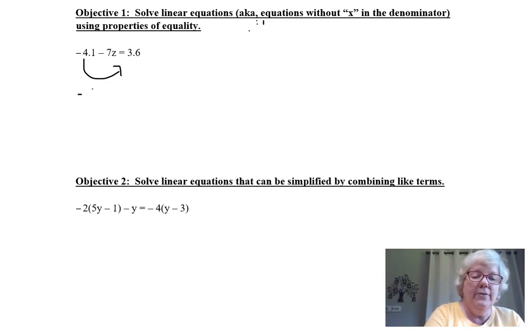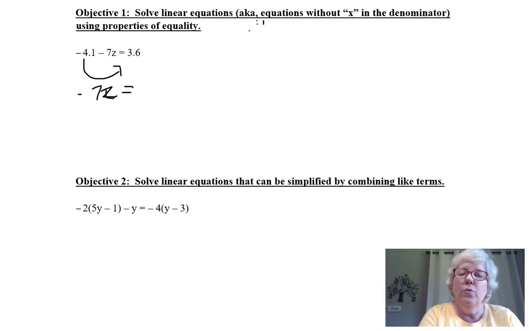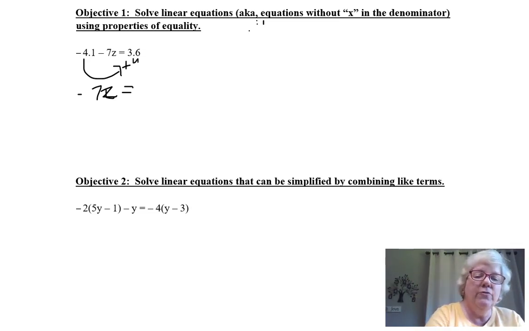So let me bring down the negative 7z, and I'm going to move that negative 4.1 over. What I basically am doing is the opposite operation, so I will add 4.1. 3.6 plus 4.1 will give me 7.7.